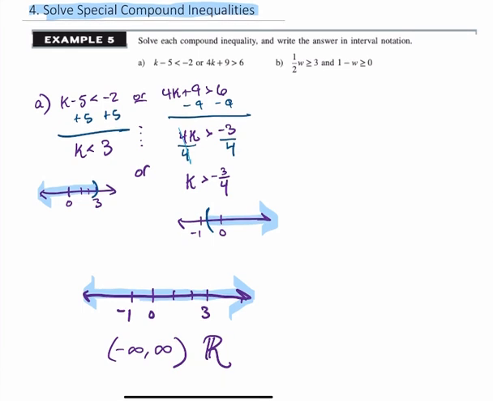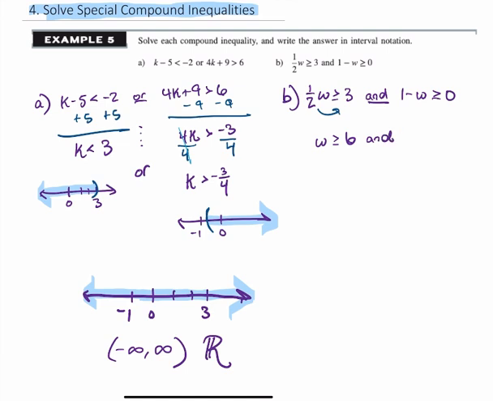And then let's look at B. B says 1/2 W is greater than or equal to 3, and 1 minus W is greater than or equal to 0. On the left side, we have W being divided by 2, so let's multiply that 2 over. So we could say W is greater than or equal to 3 times 2, which is 6.